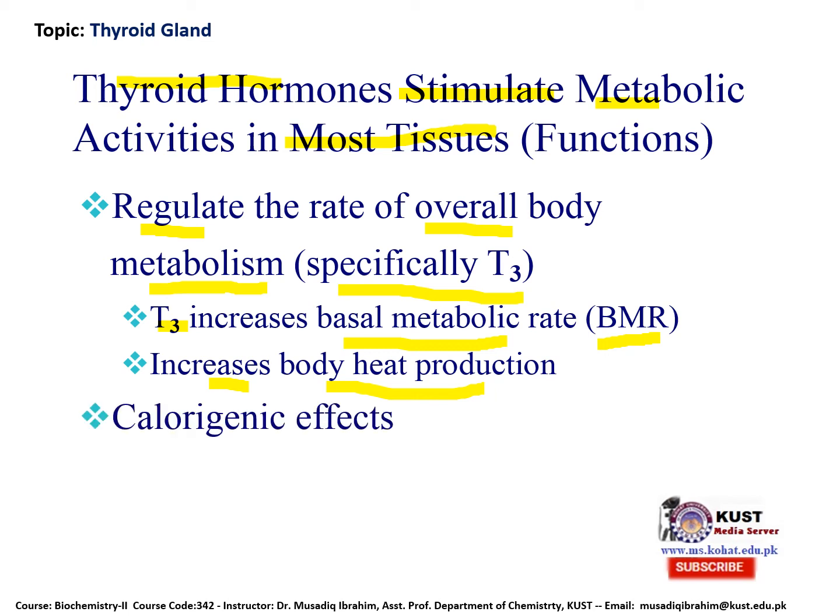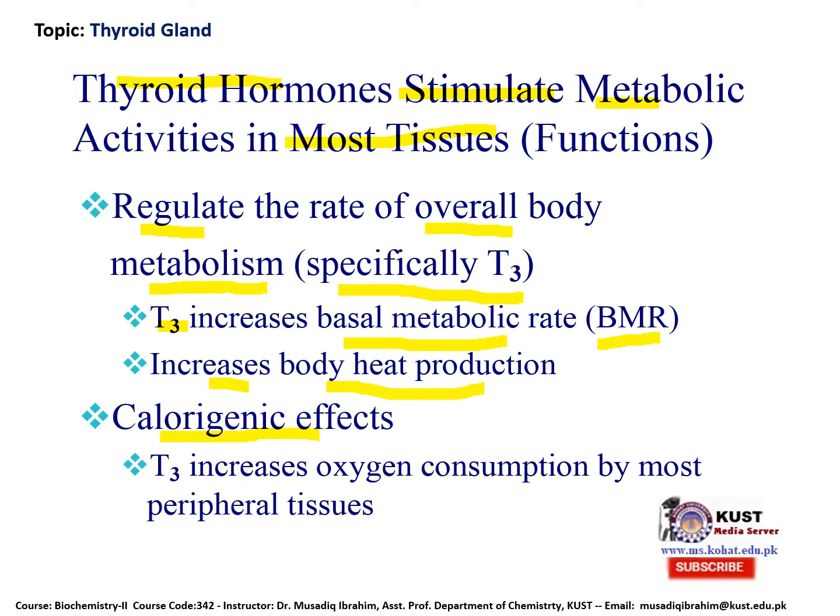These thyroid hormones also have calorigenic effects, and in terms of calorigenic effects, the T3 hormone increases oxygen consumption by most peripheral tissues.